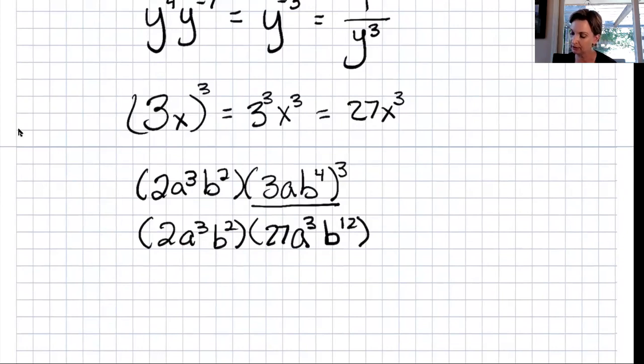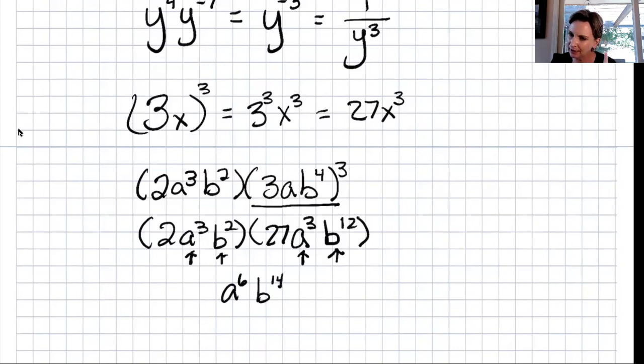I have an a cubed and an a cubed, so when I combine those two, it's 3 plus 3, so it's a to the 6th. I have a b squared and a b to the 12th. When I combine those two, I add the exponents and I get b to the 14th.